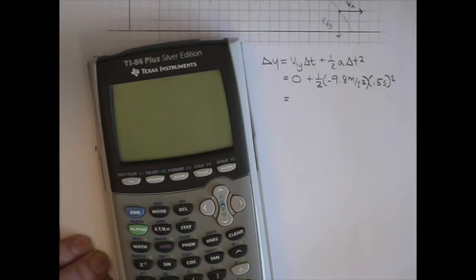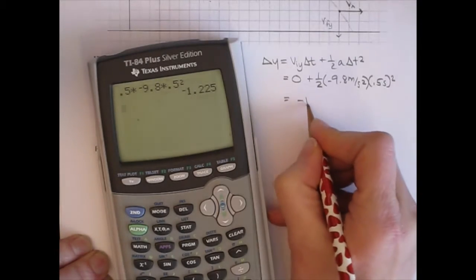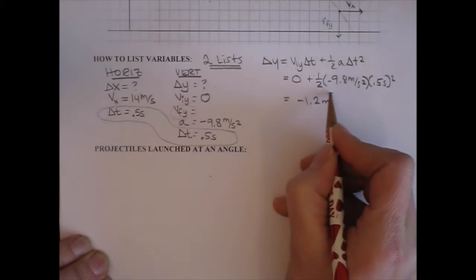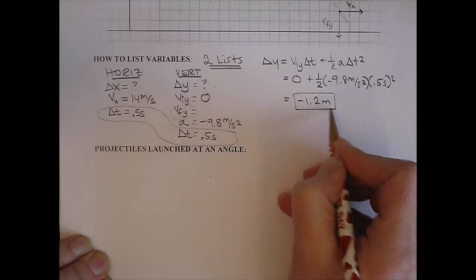And calculating that, we have 0.5 times negative 9.8 times 0.5 squared, which is negative 1.2 meters, which if you check the other side of the paper, was what I had in the chart for the y position.